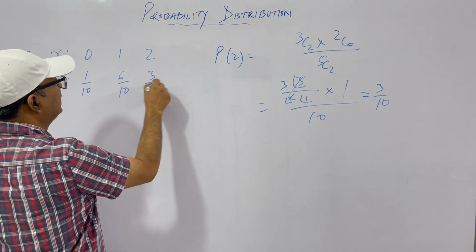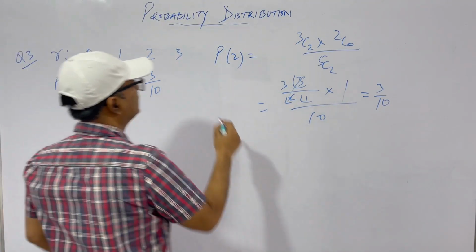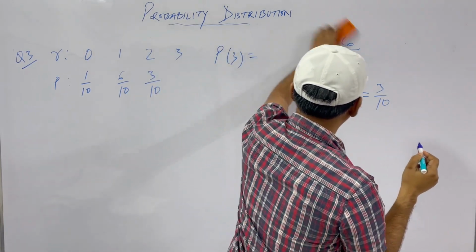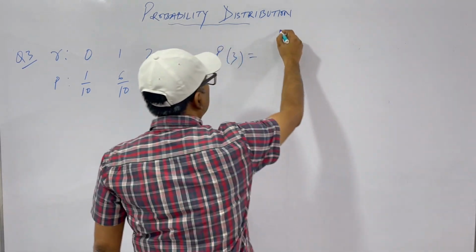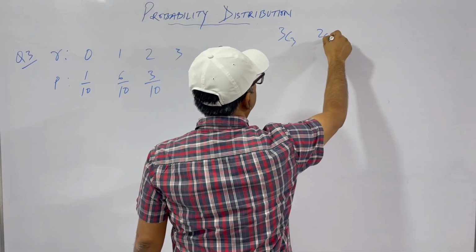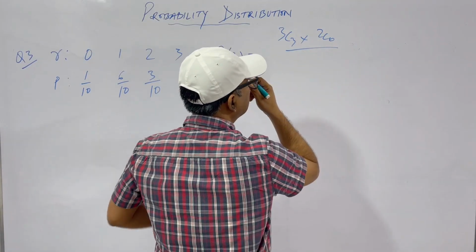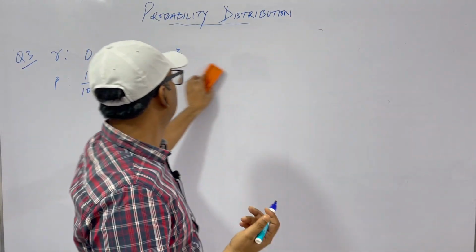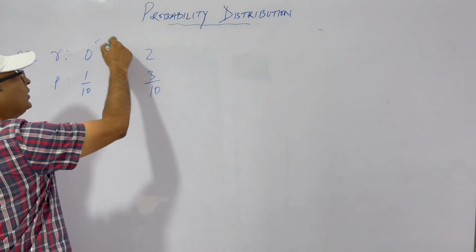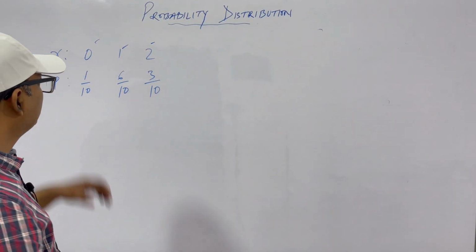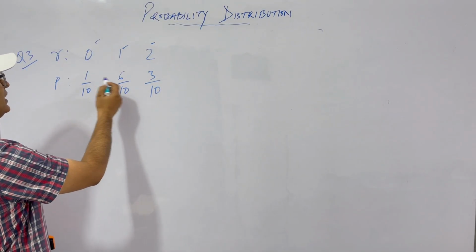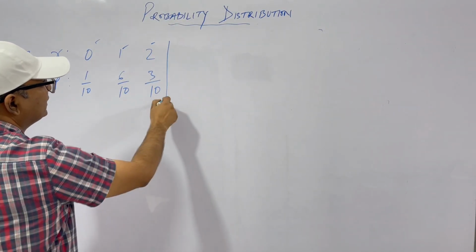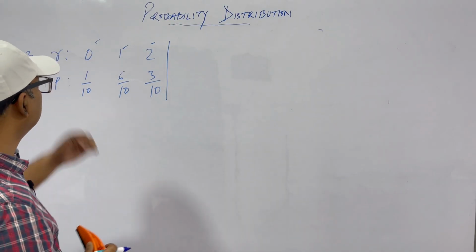So for 2, it is 3 by 10. What is the value for P3? 3C3... sorry, we have to take two balls only, so there is no 3. The variety is only for 0, 1 and 2. You can also check the probabilities: 1 plus 6 is 7, plus 3 is 10 by 10, which is 1. So this is done. This is the probability distribution table.